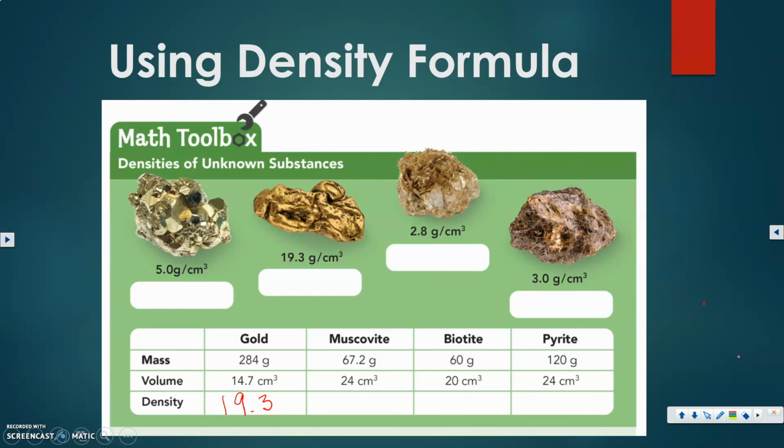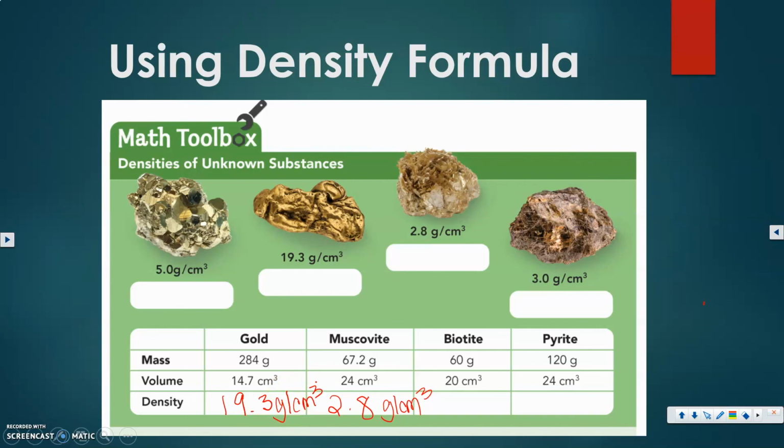Alright, so the density for muscovite, if you would have done 67.2 divided by 24, is 2.8 grams per centimeter cubed. Sorry, I forgot to put my labels here.